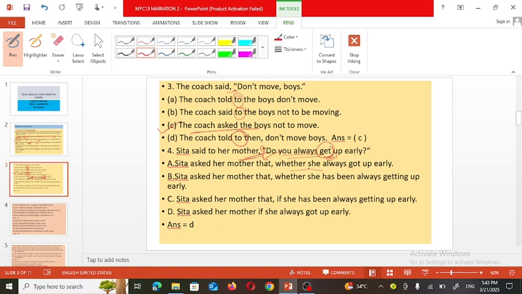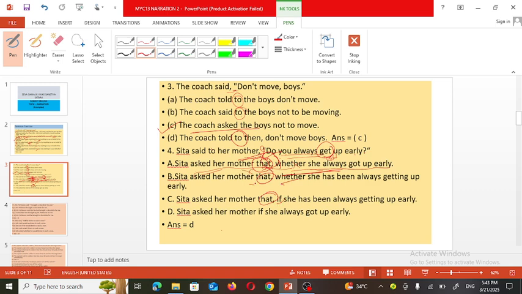But here, if you observe, whether she always got up early. Sita asked her mother that. That won't be there, either whether or that. So here also you are able to see that in all these three options, both that and whether conjunctions are used, or if.